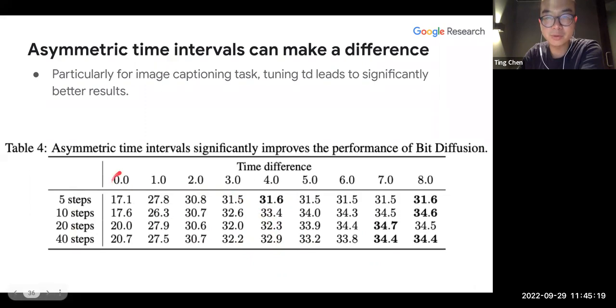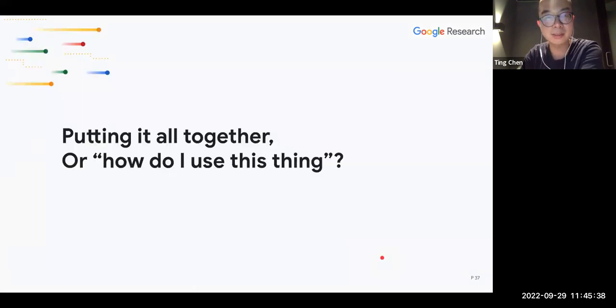You can see if you use time difference equal to 0, which is the default sampling, the score is not as good as if you use something larger. But the point is that you can just change it at sampling time without retraining the model. So this is something good to add to the toolbox.